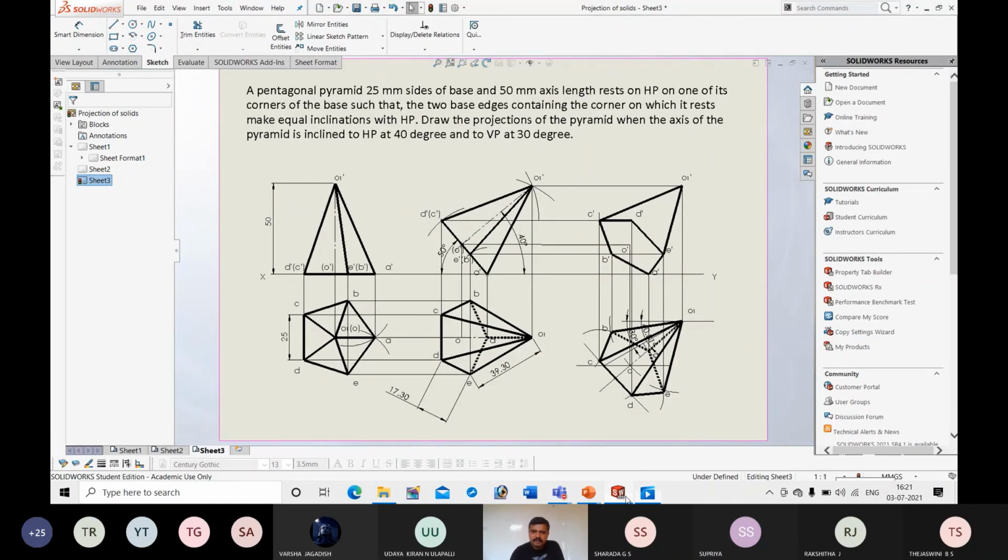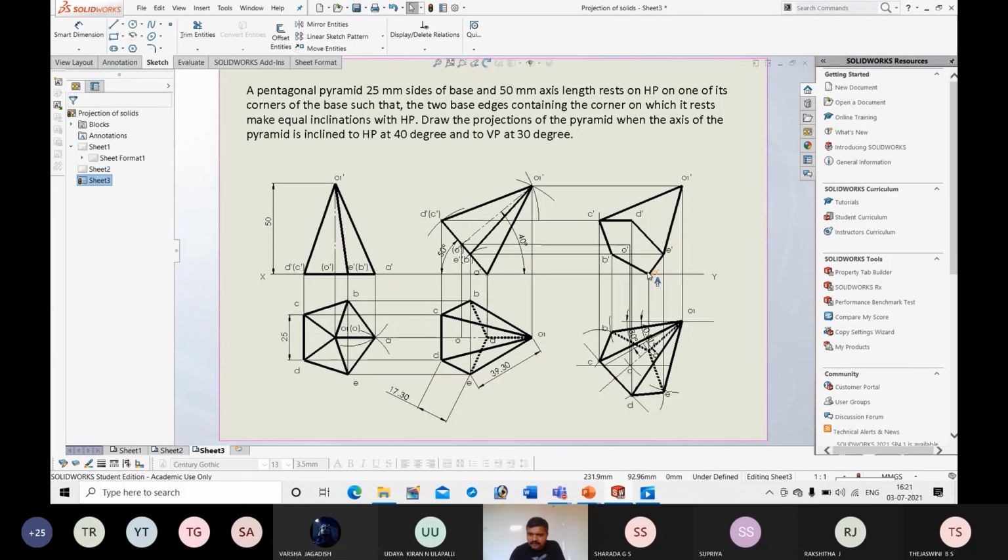Next I should connect remaining points. E dash O1 dash is already on the boundary. Next, I should connect from A dash to O1 dash. So A is connected by two continuous lines.